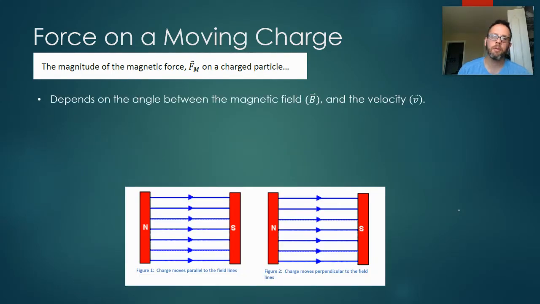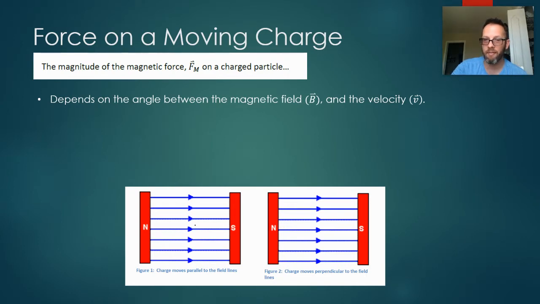It also depends on the angle between the magnetic field and the velocity vector. So on our diagram here, you have some uniform magnetic field pointing left to right.